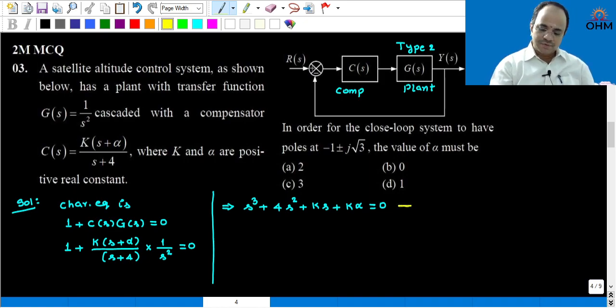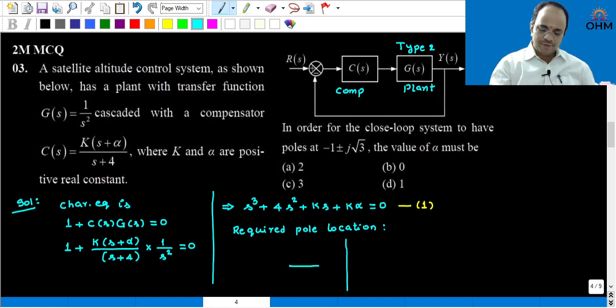Let us call this equation 1. By observing this characteristic equation, you can immediately understand it is a third order equation. Therefore, there must be 3 poles. But in the question statement, after the compensator, only 2 poles are given as the required pole location, that is -1 plus or minus j root 3.